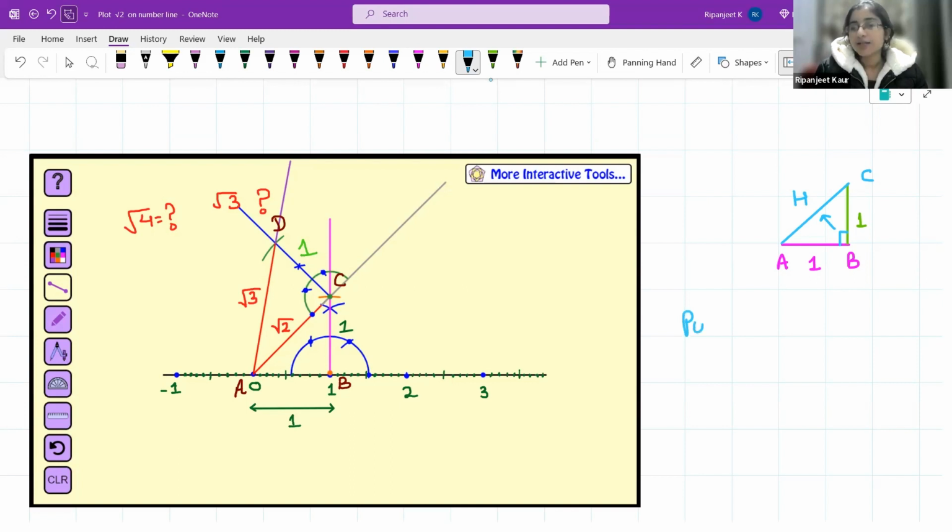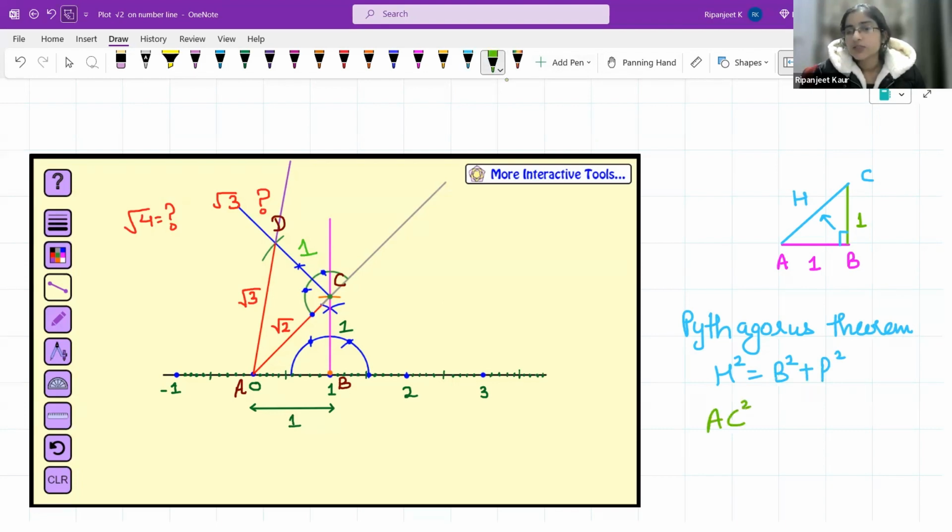Yes, Pythagoras theorem. Pythagoras theorem we can implement here. Now Pythagoras theorem says hypotenuse square is equal to base square plus perpendicular square. But hypotenuse we don't know. So hypotenuse we know is AC. AC square equals base, base is AB, AB square plus perpendicular is CB.